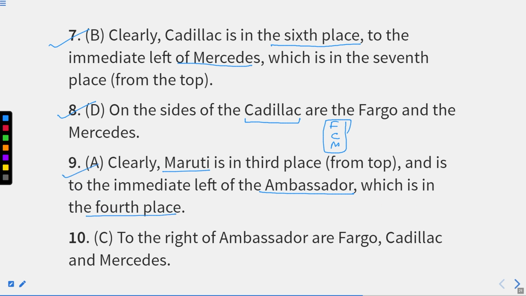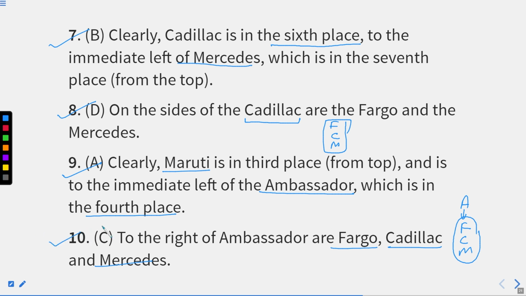I hope you get this because you know the diagram very well now. Now the last question, question number 10, says that to the right of Ambassador are Farrago, Cadillac and Mercedes. We know that we have Ambassador, and on the right side we have three cars, that is Farrago, Cadillac and Mercedes. So this is our answer for question number 10.